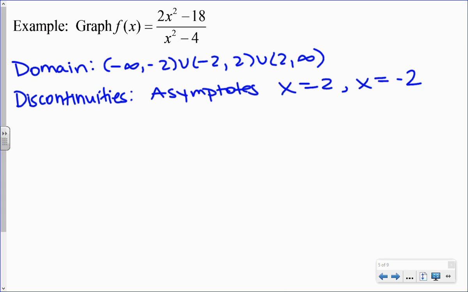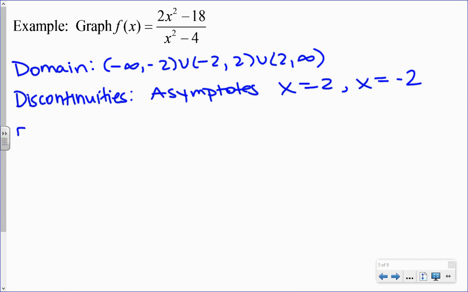Now, if we have a horizontal asymptote, that's what I want you to consider with the end behavior. Do we have a horizontal asymptote? Okay. Since the degrees are the same, we look at the coefficients. Our horizontal asymptote would be at y equals 2. A lot of 2's in this one, huh?